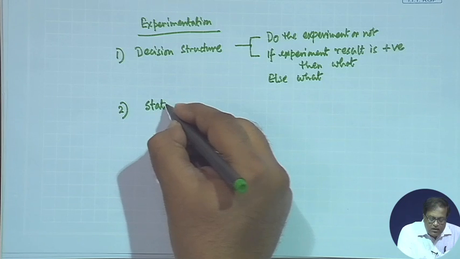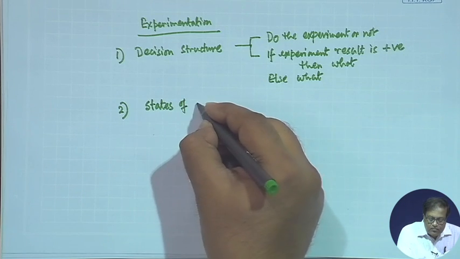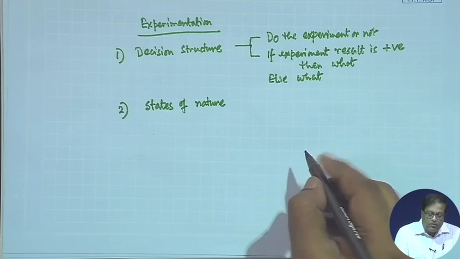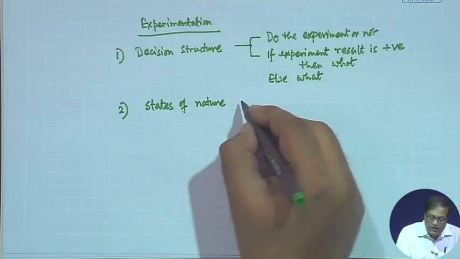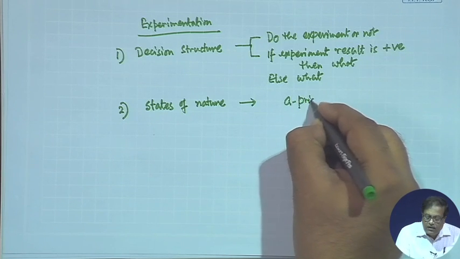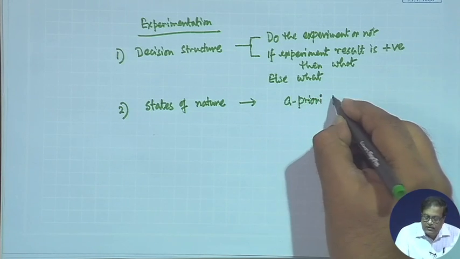Then number 2, what we need to think of is, what are the states of nature? Now, when we look at the states of nature, we have to understand what were the a priori probabilities.